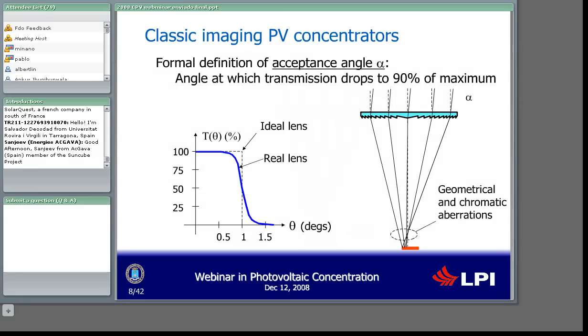The formal definition of acceptance angle is a little bit more detailed than that. In reality, for instance, the Fresnel lens is not a perfect imaging device, and it has both geometrical and chromatic aberrations of the rays. That means that the ideal transmission curve versus incidence angle is not perfectly sharp, but is smoother, as shown on the left. Usually the acceptance angle is defined as the angle at which the transmission drops to 90% of that of the maximum at normal incidence.